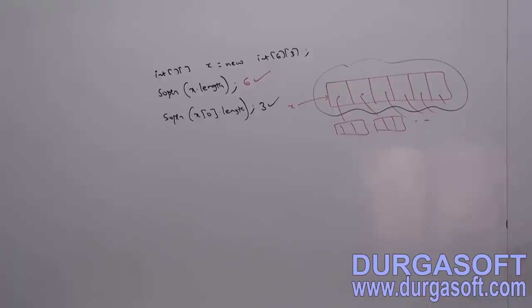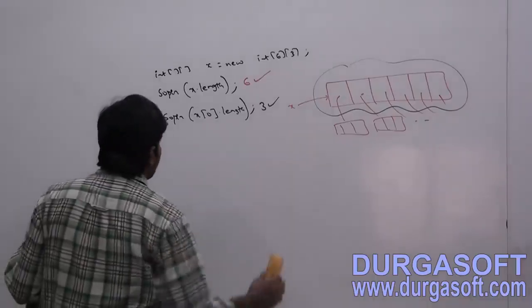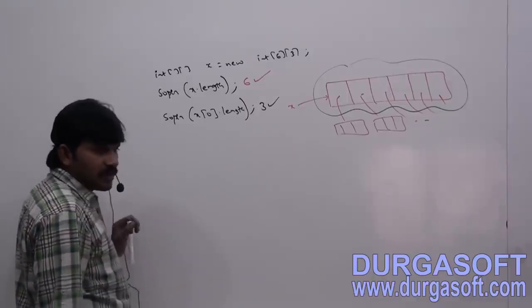Completed, I hope. So x dot length is 6, x of 0 dot length is 3.